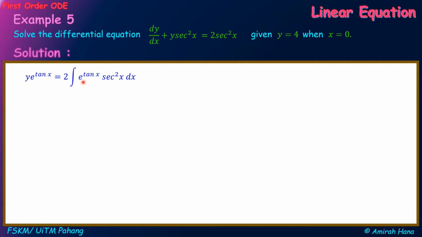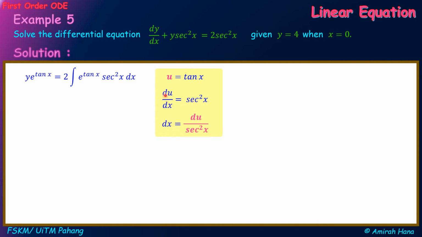To integrate this function, we can use u substitution. We choose u equals tangent x. Then we differentiate u with respect to x, so we get du over dx equals sec squared x, the derivative of tangent x. After that, we need to write dx as the subject.